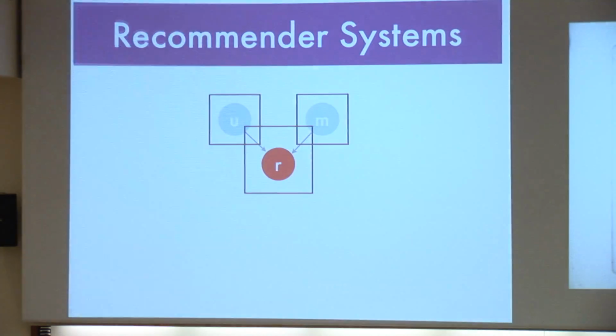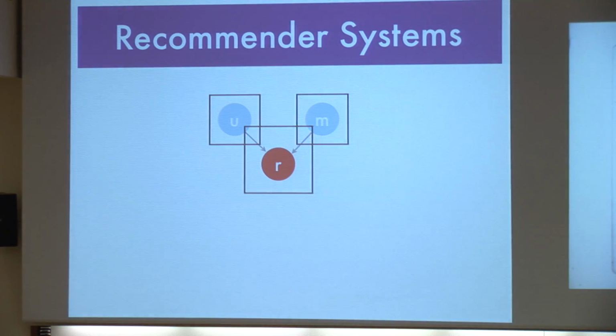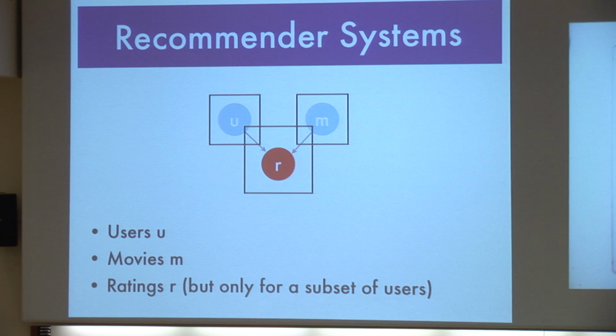Recommender systems. So you probably heard of this, right? So we have users and movies, and we have ratings. And by the way, here we have exactly those for loops that are interlocking. So there's a loop over all the users. We instantiate all the movies as well.